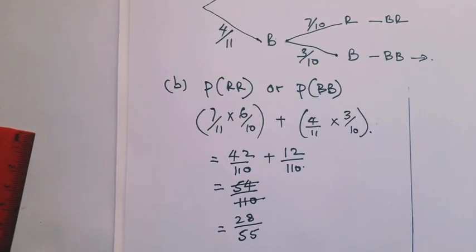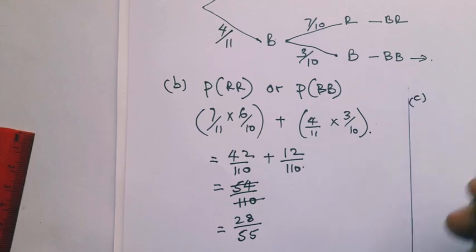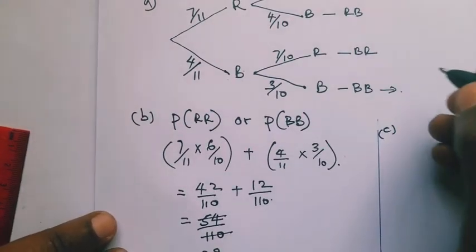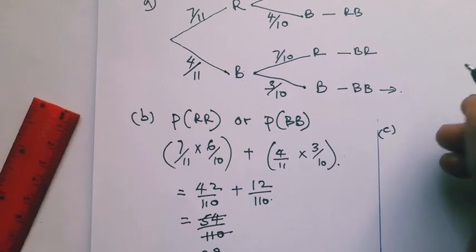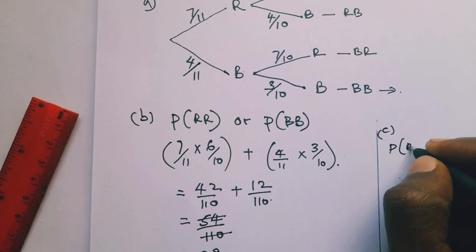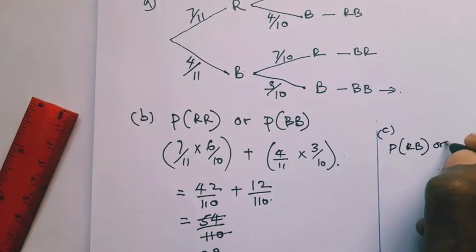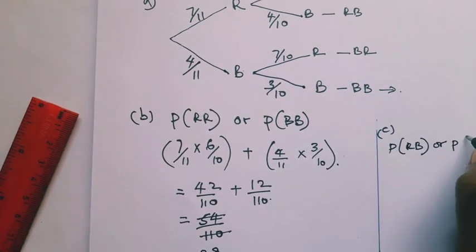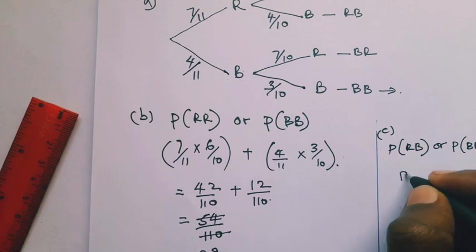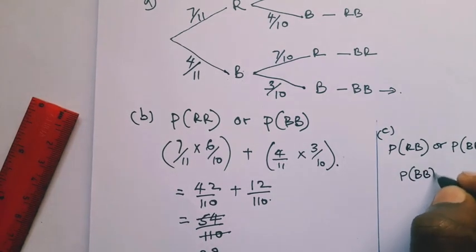Now part C of the question reads, find the probability that the two counters picked were not red. Were not red, it means they were all not red. So it means it is probability of red-blue, or probability of blue-red, or probability of blue-blue.